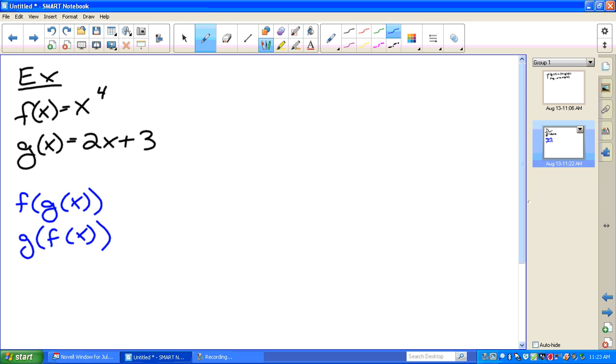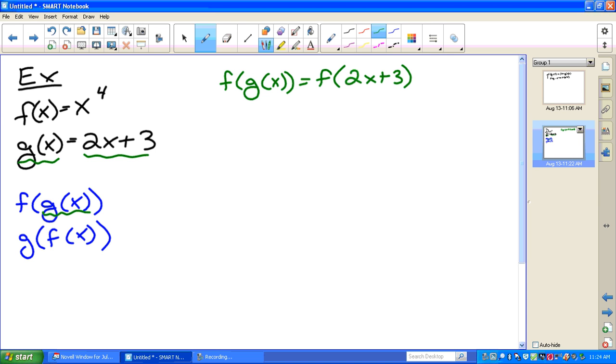So if I do f of g of x, I start with my g of x. That's the starting point. This is g of x. So this g of x we know is 2x plus 3. So now, f of g of x is the same thing as f of 2x plus 3, because 2x plus 3 is the same thing as g of x.